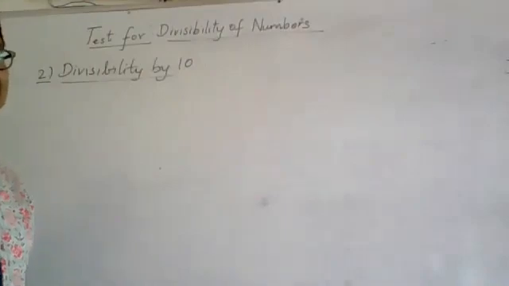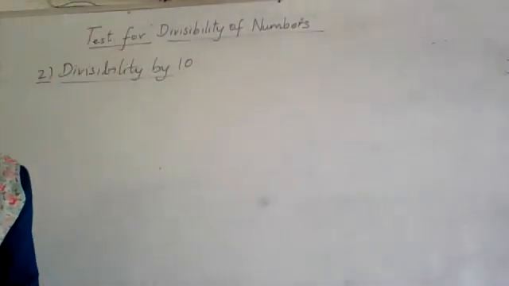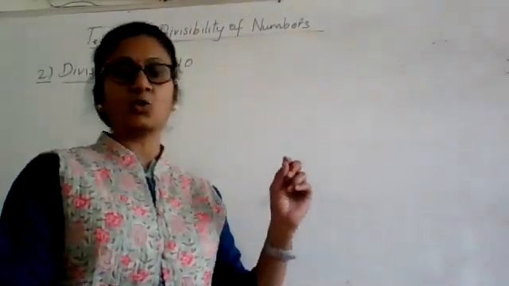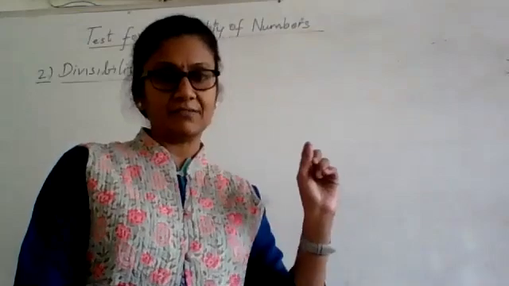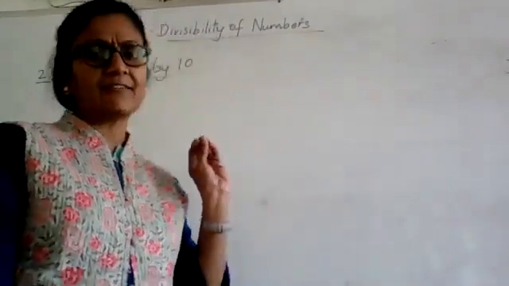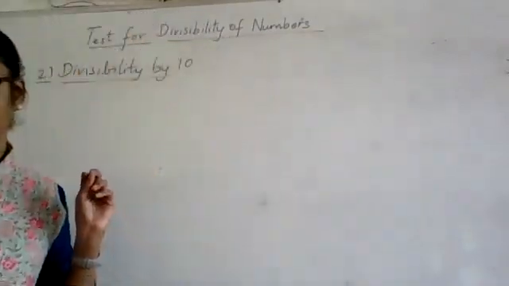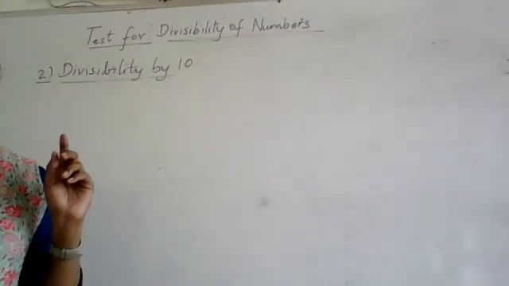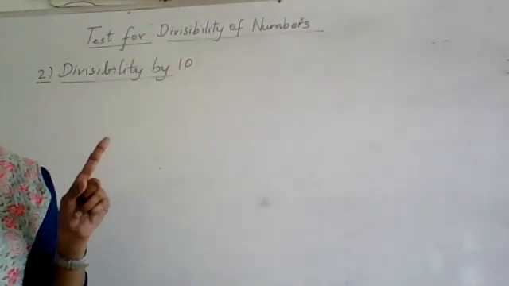Okay, the next divisibility we are going to see is the divisibility by 10. Whether a number is divisible by 10 or not. Now we have another test to tell whether a given number is divisible by 10 or not. It is a very, very simple test. A number will be divisible by 10 if it has 0 in its ones place.